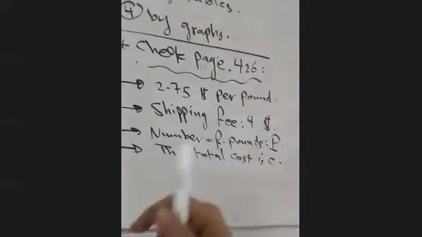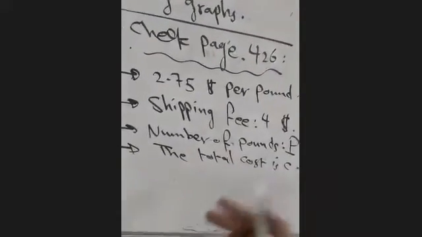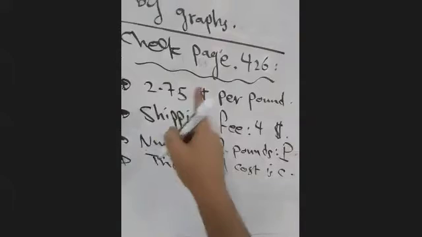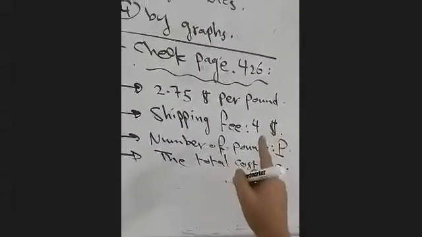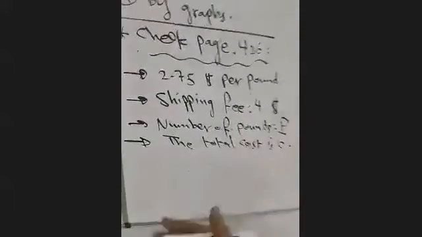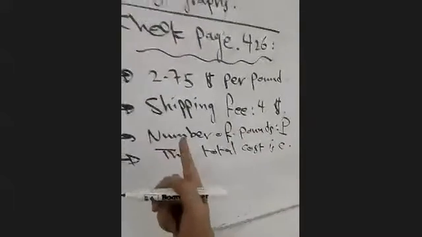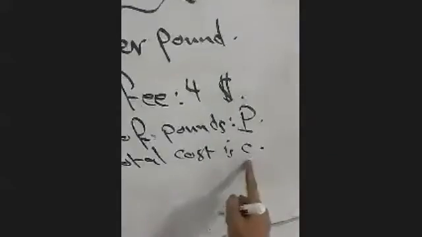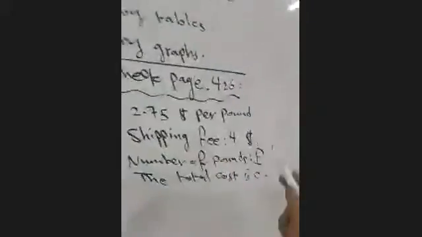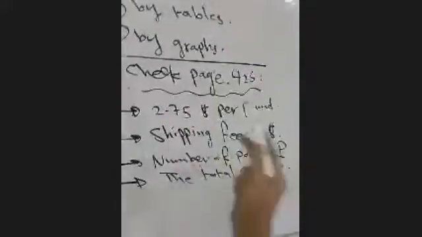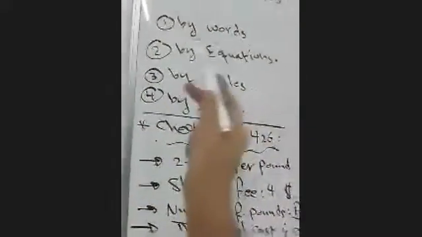It means if you buy anything from this store, you will pay $2.75 for each pound, and you will pay extra $4, okay, guys, as a shipping fee. The question also tells us that the number of pounds is P, and the total cost for the whole thing is C. This what I wrote here is number one, the words. This thing here is what? The words.